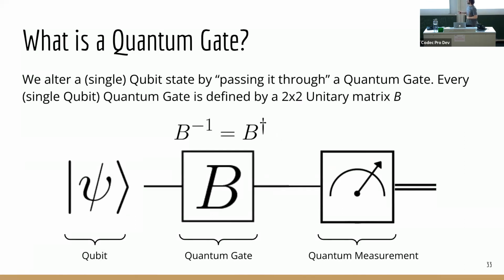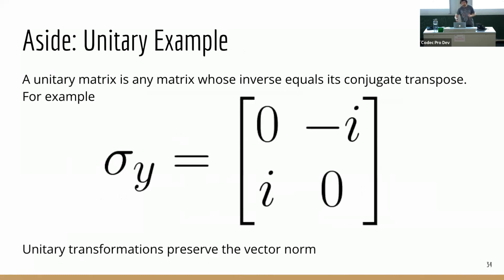One last thing. Whenever I am referring to a unitary matrix in the remainder of this presentation, I will try to use the capital letter B. And also, so that we are all on the same page, I want to give a reminder that a unitary matrix is any matrix whose inverse equals its conjugate transpose.